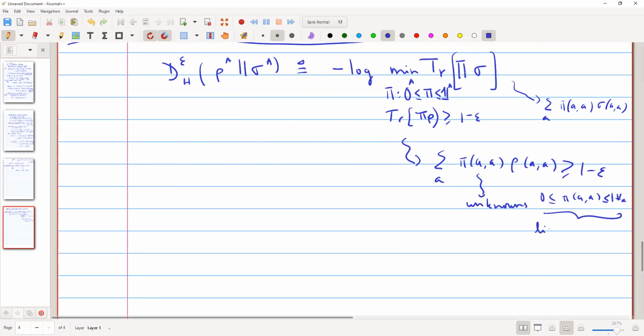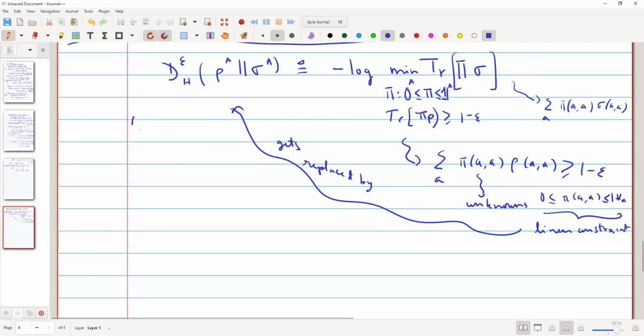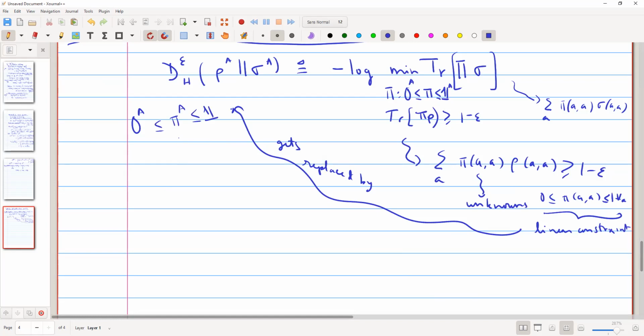Okay, so this gets replaced by, remember, this is the matrix which has entries a comma a prime.